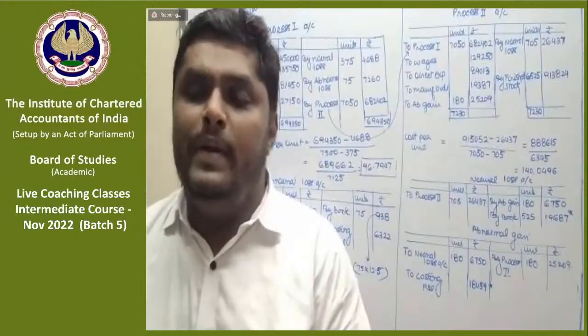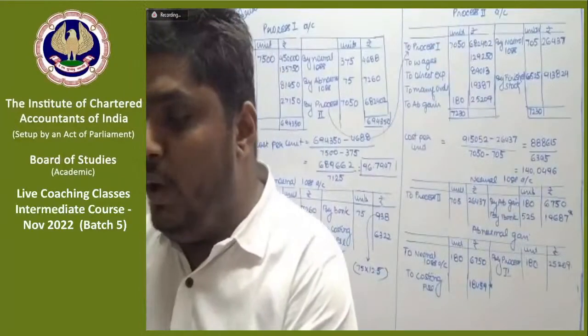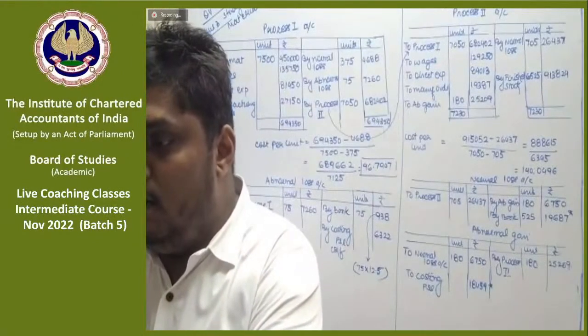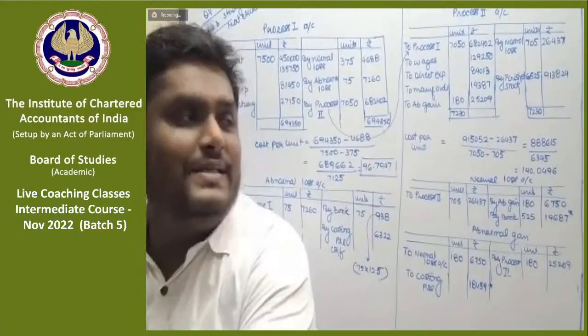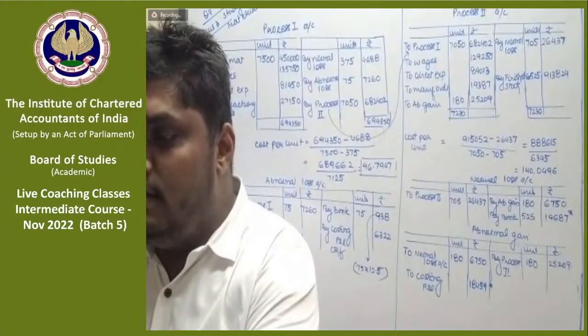Giving you 2 minutes to copy these accounts. Further, those who have queries can please ask me. Most of the students have solved this illustration in the class itself. So very good, guys.